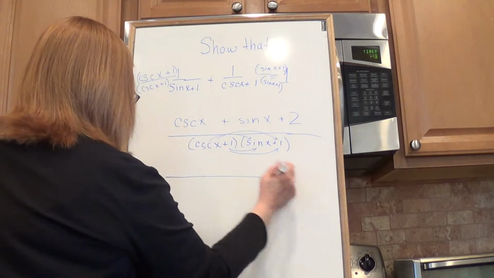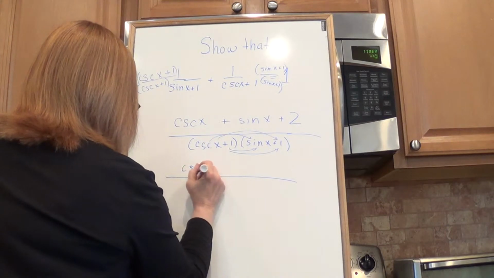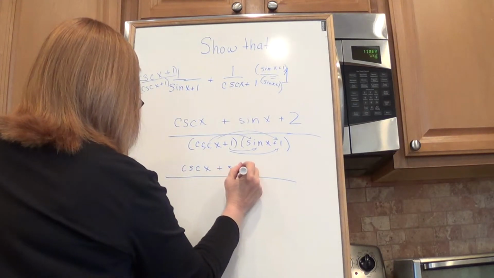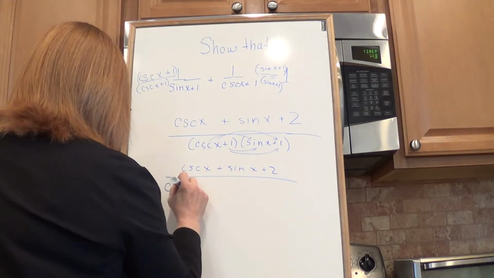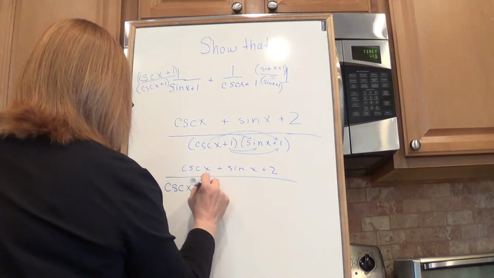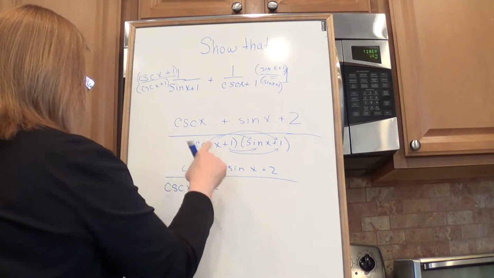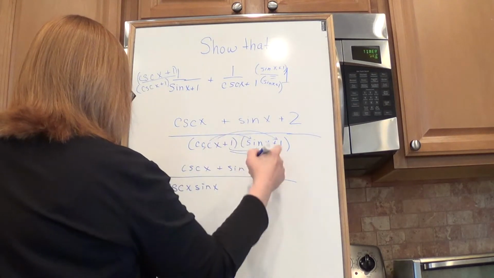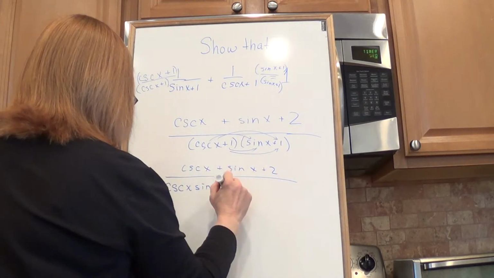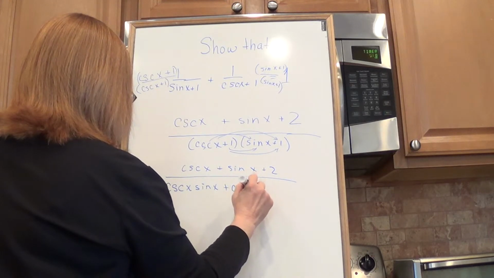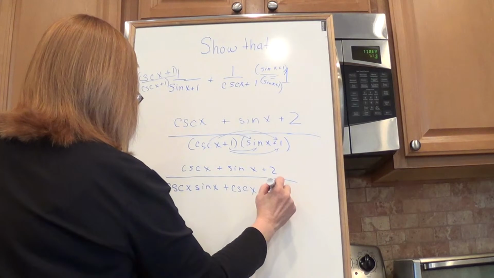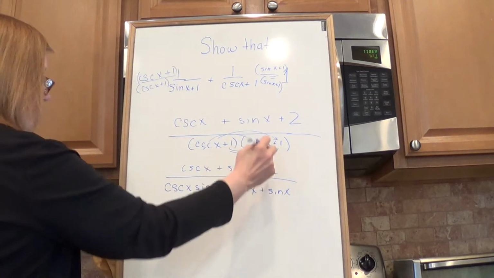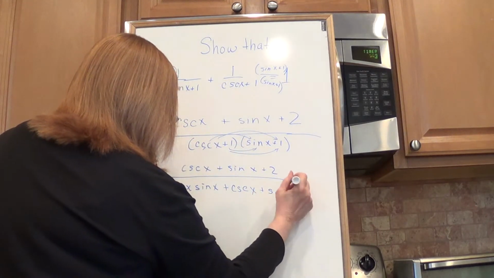So here's the top. Cosecant x sine x plus sine x plus 2. And on the bottom, I get cosecant x sine x. You should know what happens to that by now. Times cosecant times 1, which is just cosecant, plus 1 times sine x, and then 1 times 1 is 1.